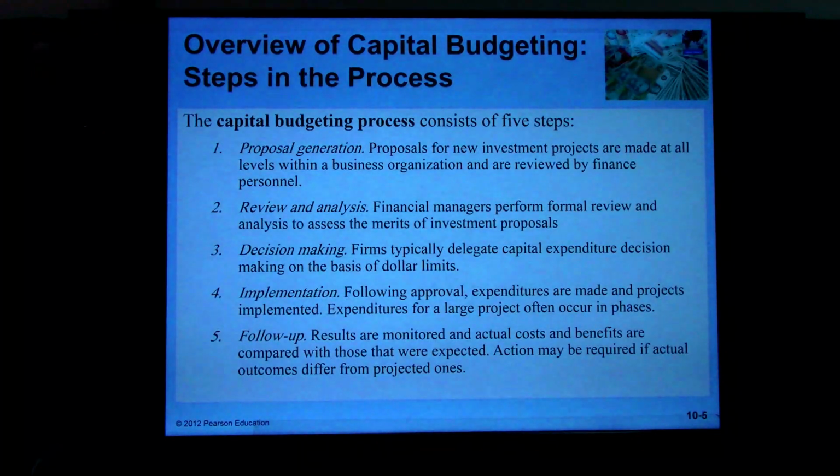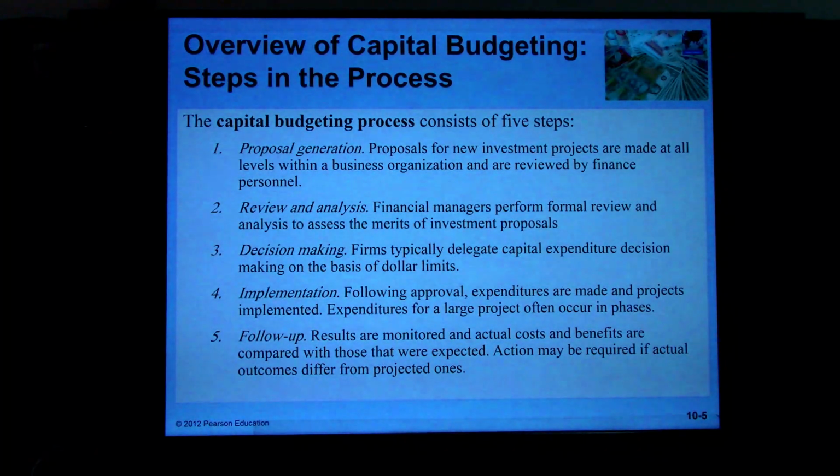The capital budgeting process consists of 5 steps. Step number 1, proposal generation. Step number 2, review and analysis of different investment proposals, and then step number 3, decision making, and step number 4, implementation.